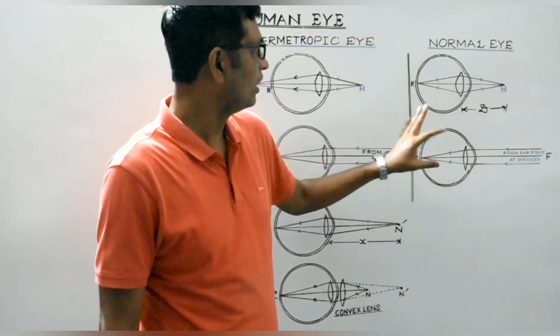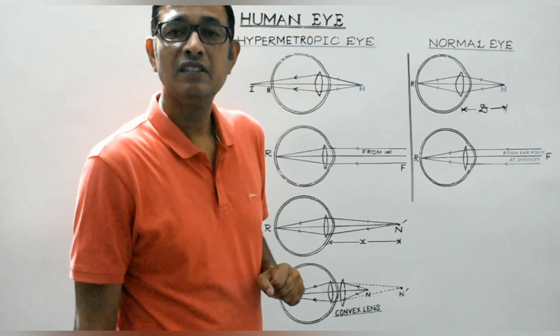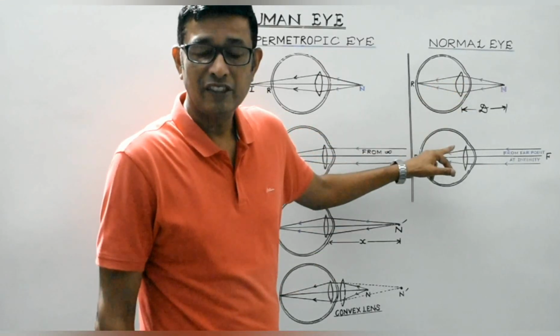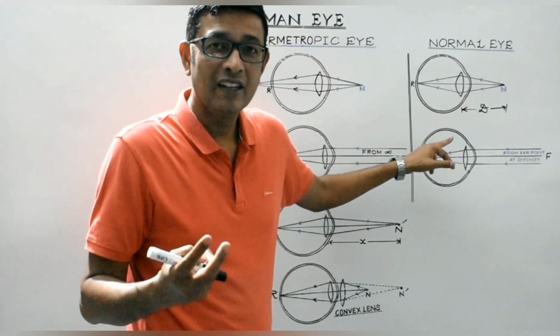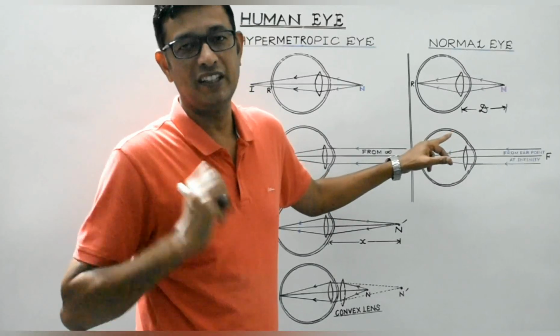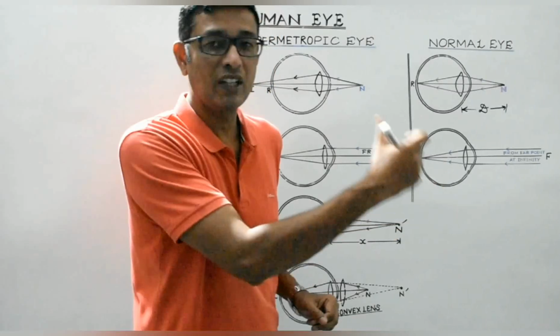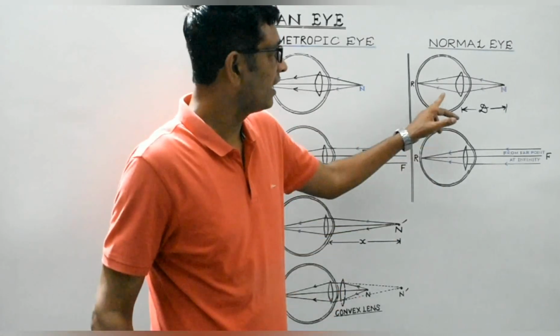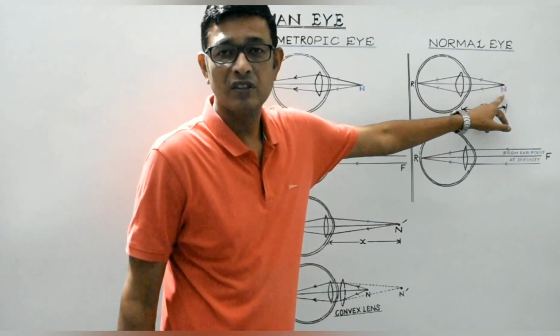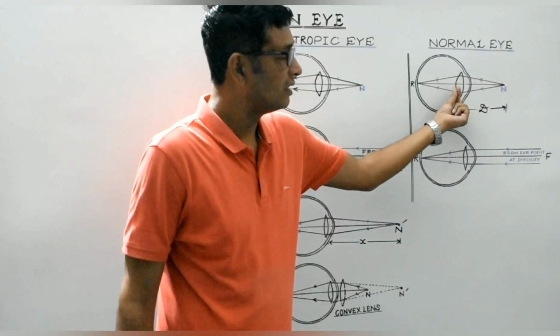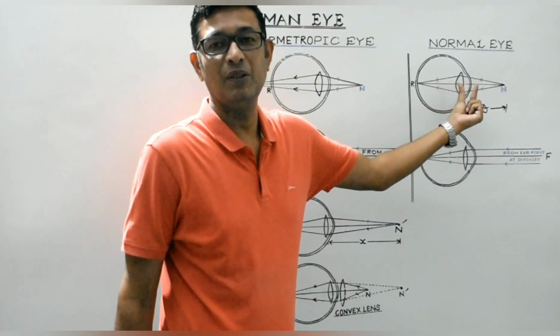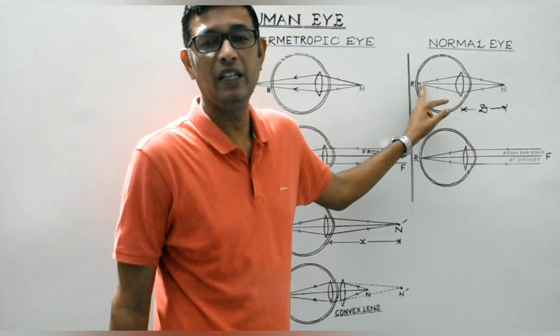In the case of normal eye, due to the power of accommodation, the eye can adjust its focal length so as to see clearly both the nearby objects as well as the far objects. In case a normal eye views a close or nearby object, then the thickness of the eye lens is maximum and the focal length of the eye lens is minimum.